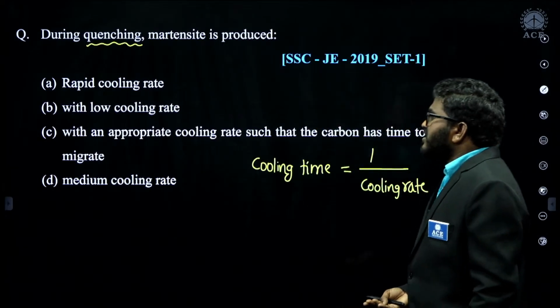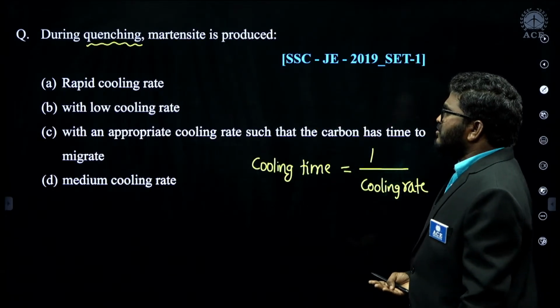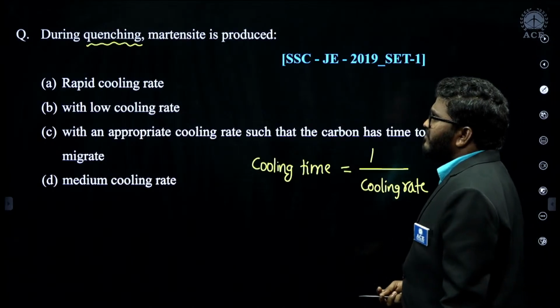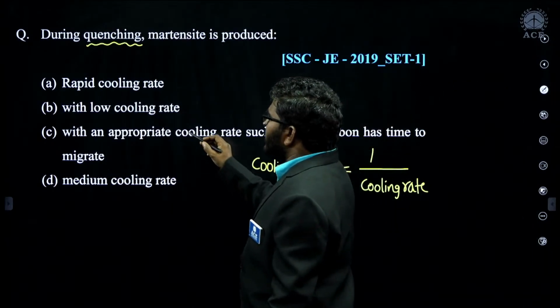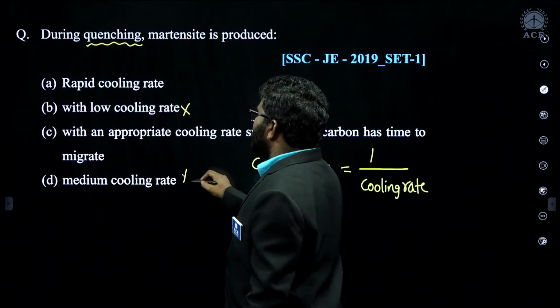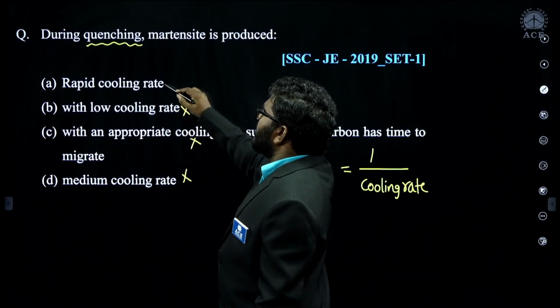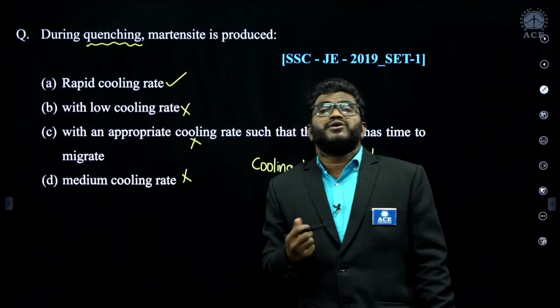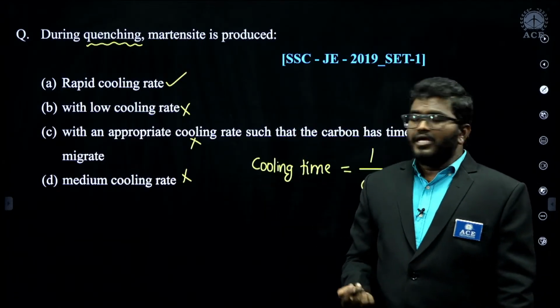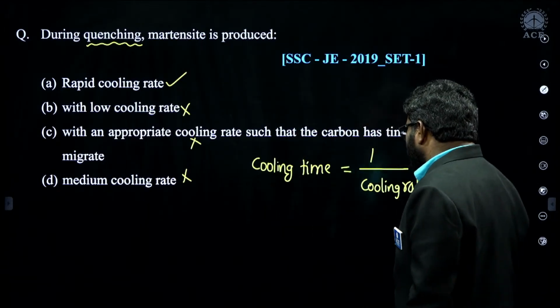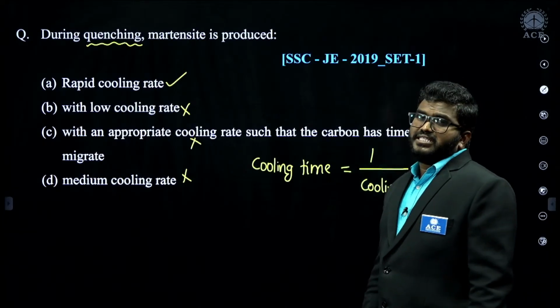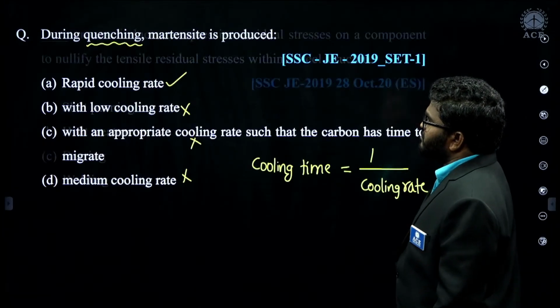We prefer a high cooling rate, so low cooling rate and medium cooling rate are not correct. Carbon atoms are not going to migrate. Because of rapid cooling, we will get martensite in the hardening process.